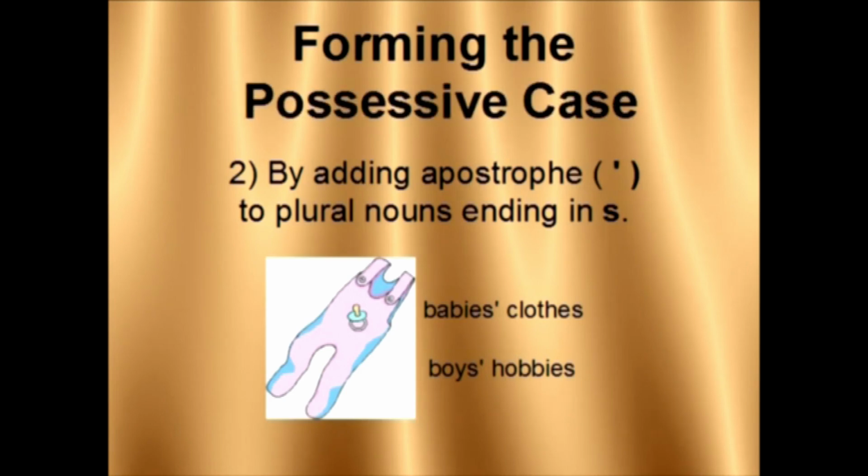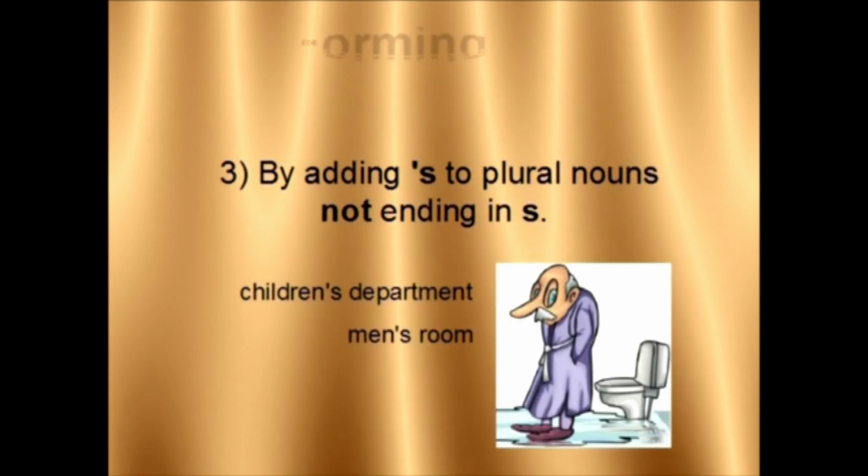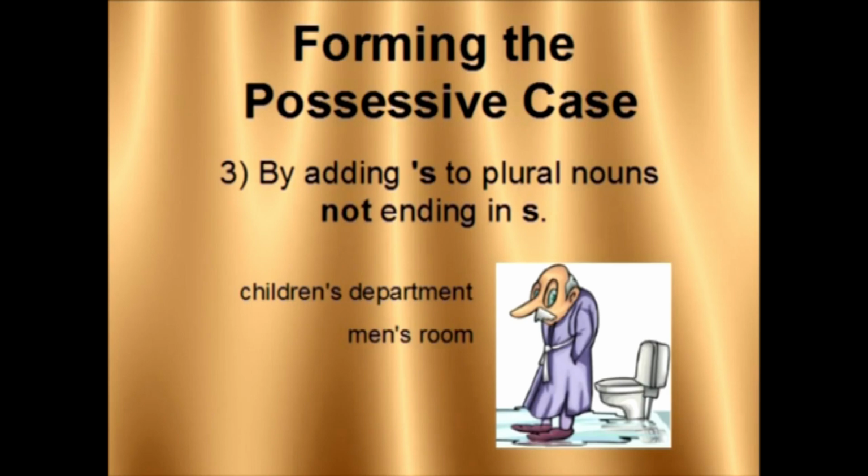Number 2, by adding apostrophe to plural nouns ending in s. For example, baby's clothes, boy's hobbies. Number 3, by adding apostrophe s to plural nouns not ending in s. For example, children's department, men's room.